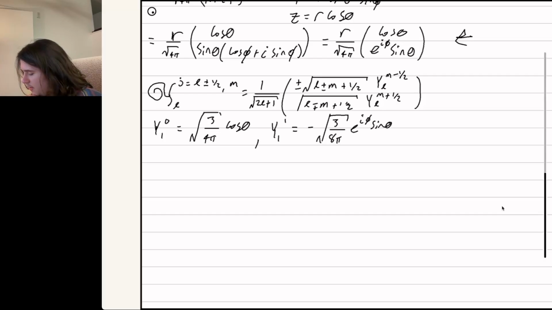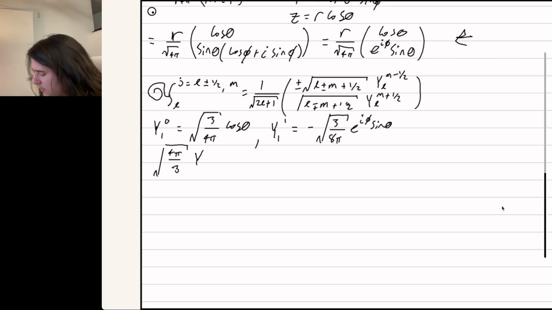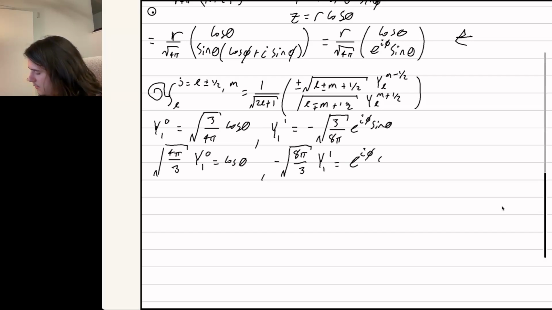All right. So let's just solve for cosine theta and e to the i phi sine theta on both of these. So I'm going to do 4 pi over 3 Y10 is equal to cosine theta, and we'll have minus 8 pi over 3 Y11 is equal to e to the i phi sine theta. And then just plug those into our equation.